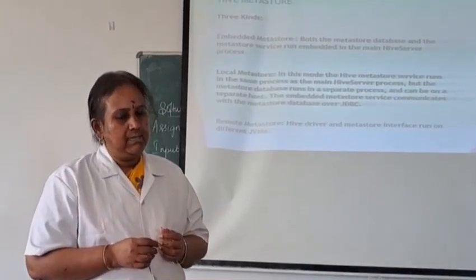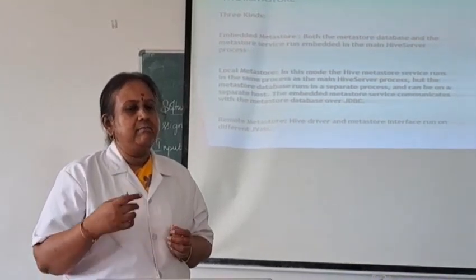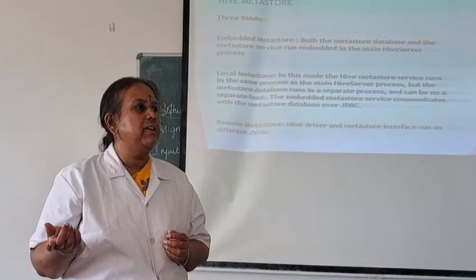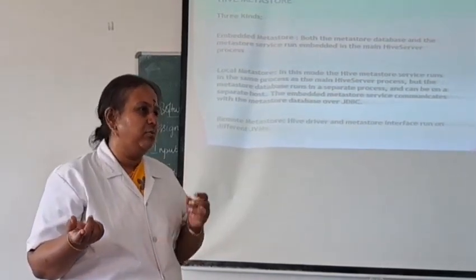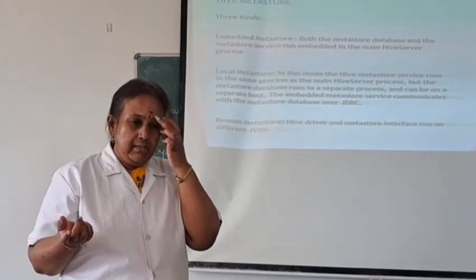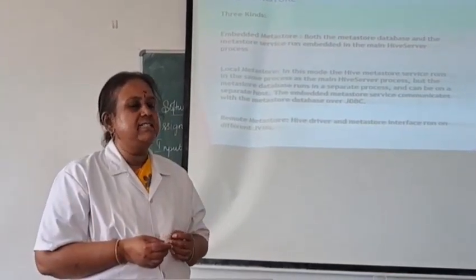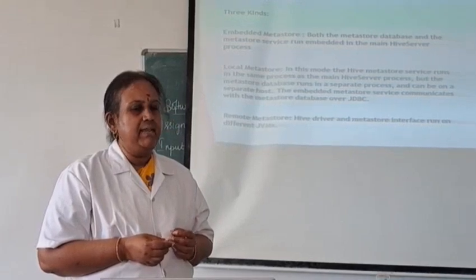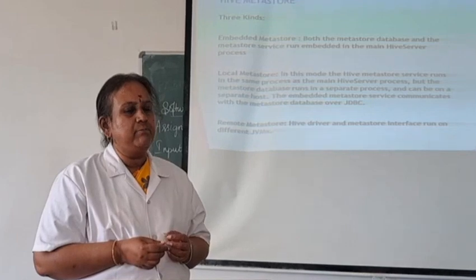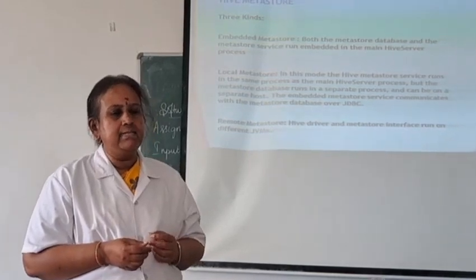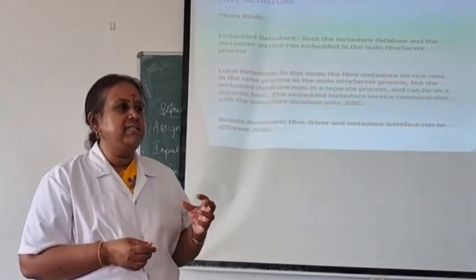Then a local metastore, wherever the server is being taken into consideration, that machine can be considered as a local metastore. Okay? So the Hive metastore service runs in the same process as the main Hive process, but the metastore database runs in a separate process and can be on a separate host. That is through a JDBC connectivity.